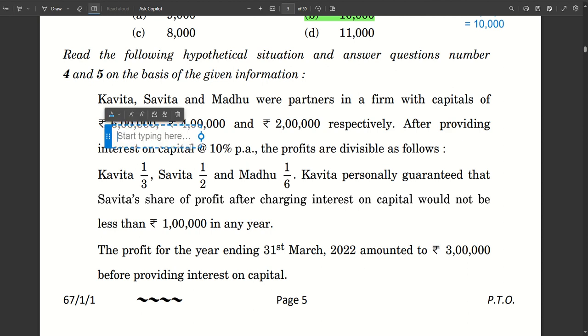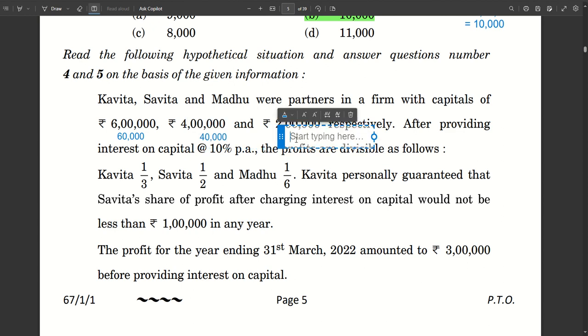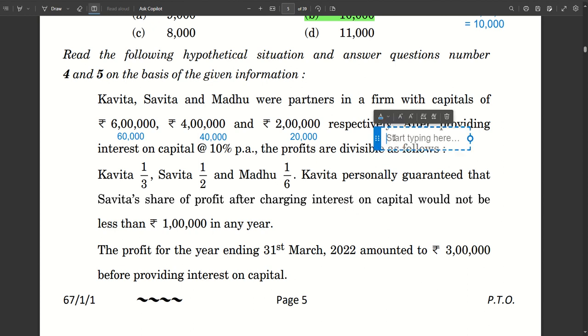So interest on capital will be 60,000 for Kavita, 40,000 for Savita, and 20,000 for Madhu. So the total interest on capital that we get here is 1,20,000. This is required in the calculation.